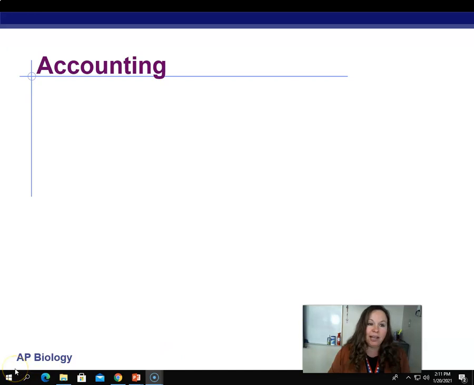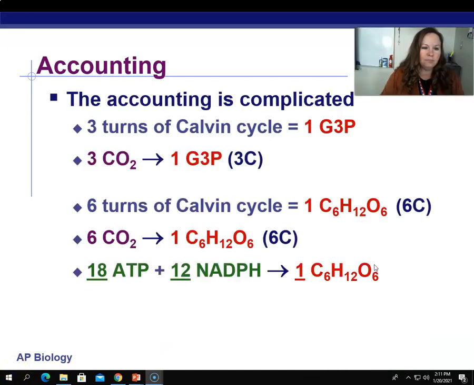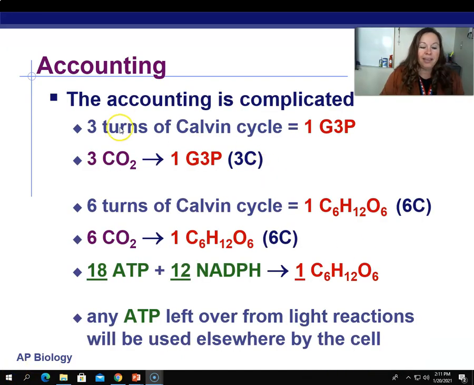So let's do a little accounting. So it takes, again, 3 turns of the Calvin cycle to make one G3P. That's why we had to have so many of those little circles with C's in that Calvin cycle diagram. So it takes 3 carbon dioxides to make one G3P.